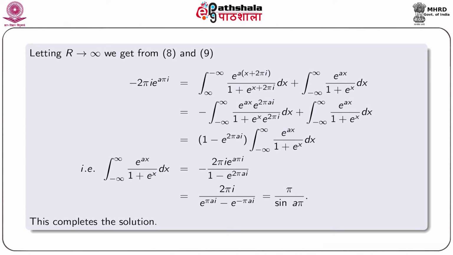This completes the solution. At the end of this module, we came to know about 3 types of contour integration. Number 1, contour integration around the unit circle. Number 2, contour integration around a semicircle. And number 3, contour integration around a rectangle.